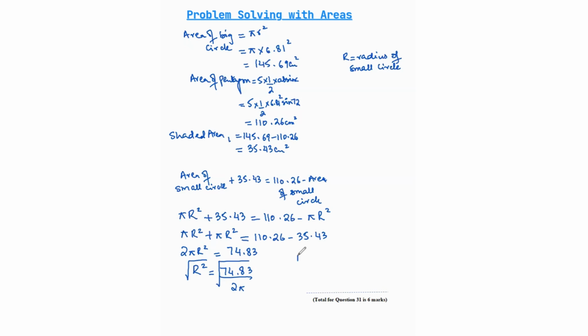And then we take the square root on both sides. So 74.83 divided by 2 pi. And then we take the square root of that, and that's 3.45 centimeters. That is the radius of the small circle.